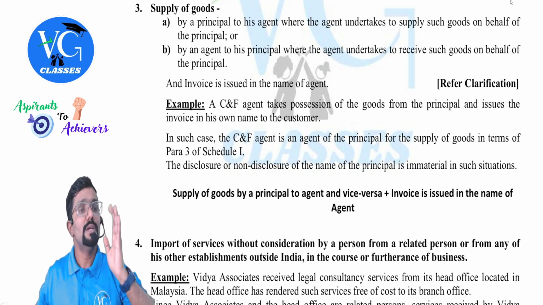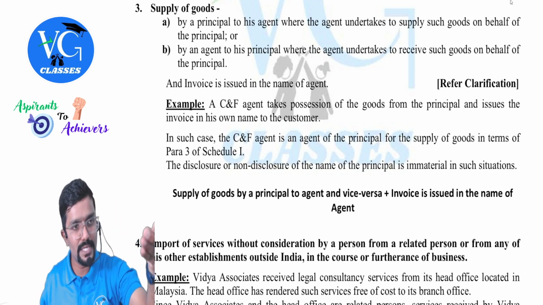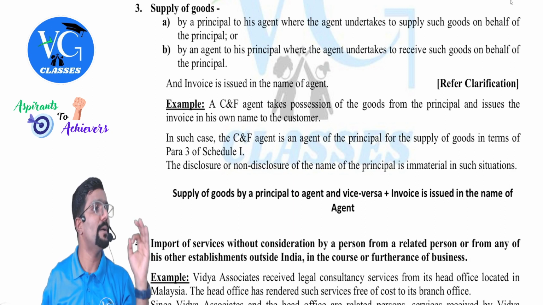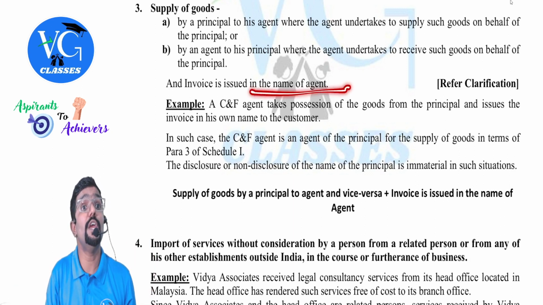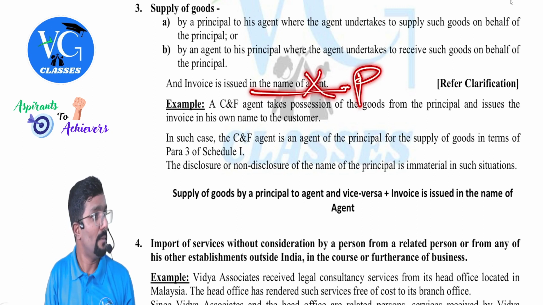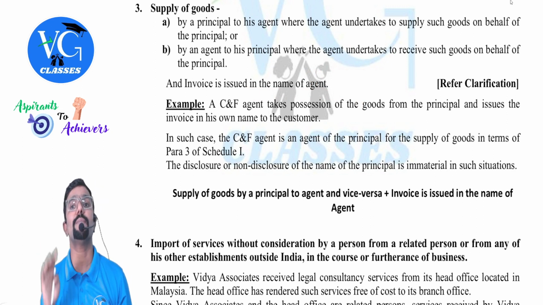Guys, simple. Agent is selling goods on behalf of principal, or agent is purchasing the goods on behalf of the principal. And invoice is issued in the name of whom? Agent itself. Normally, it should be given in the name of principal, but it is given in the name of whom? Agent. So in that case, is it a separate supply?